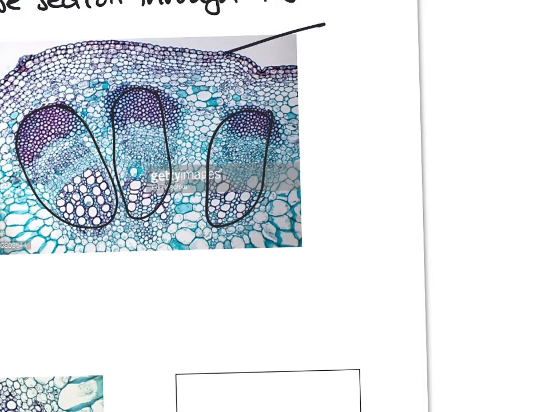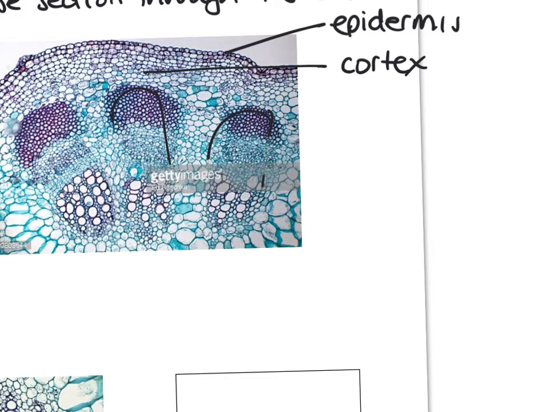So this outer layer is the epidermis. In your diagram, you're just going to put a label there, cortex. I would label that as a vascular bundle.